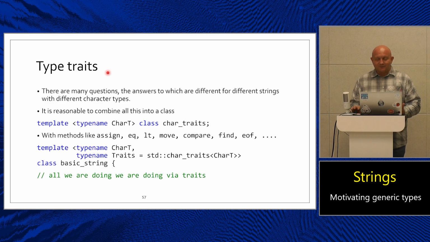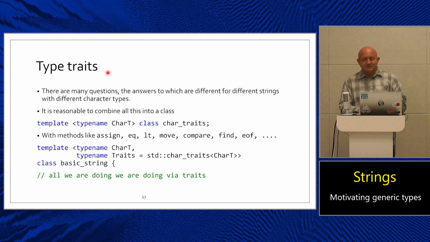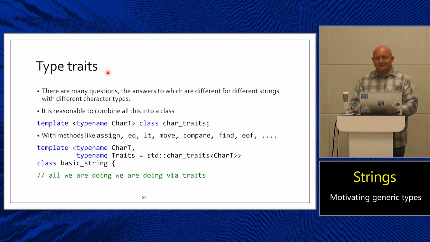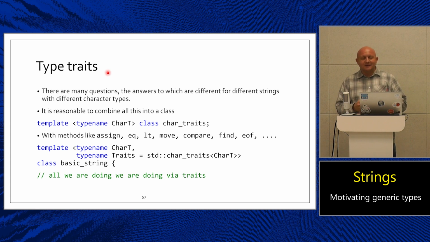Using type traits here. There are two options. Make the traits alongside so the string doesn't know about them, which is sometimes done in locales, or make the traits part of the string type itself. If you make the traits alongside, you lose the ability to substitute any custom implementation for char T. If you pass the traits as part of the string type, then for a regular char, you can use not even std::char_traits, but anything.